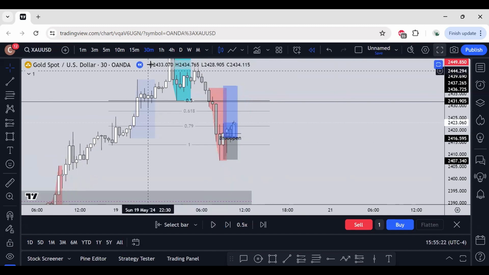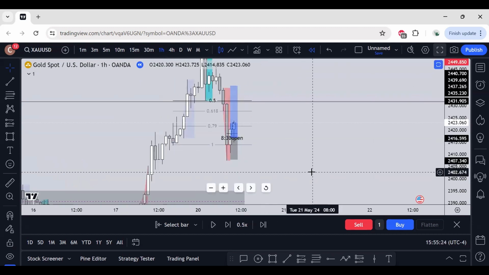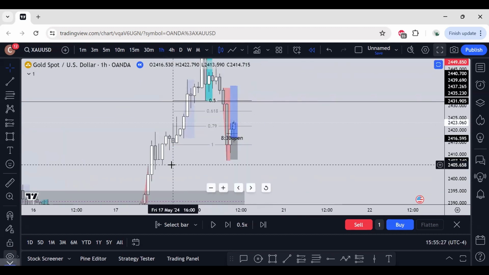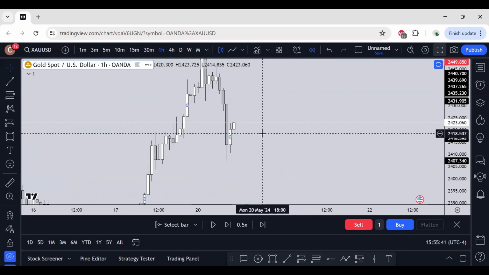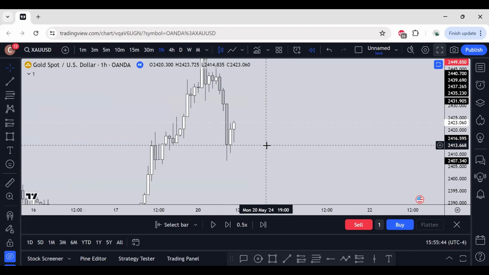Another confirmation that I had was the 1 hour. This 1 hour that you can see over here is turning in our direction, which is weekly bullish, daily bullish, and now we've got 1 hour bullish in our key time area, plus giving us a market structure shift. Market structure shift is key.